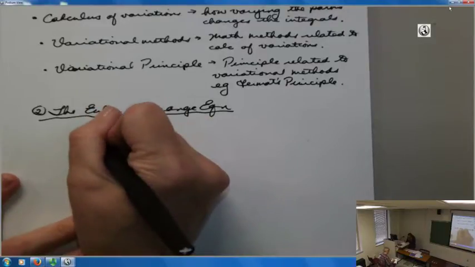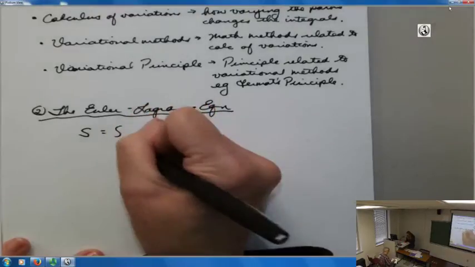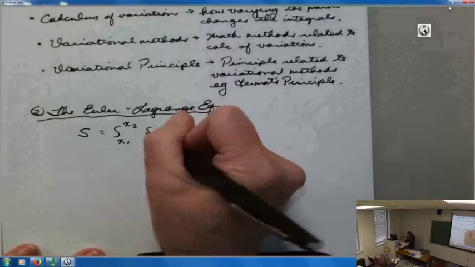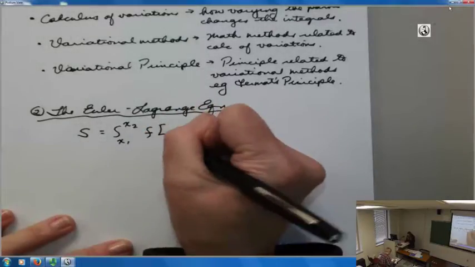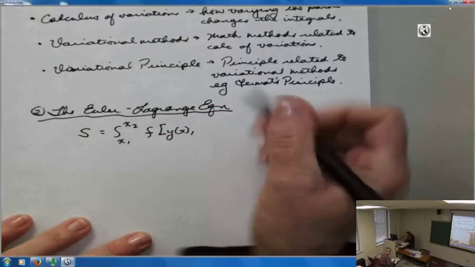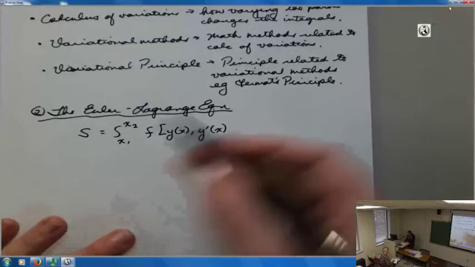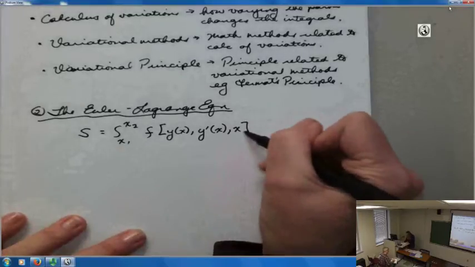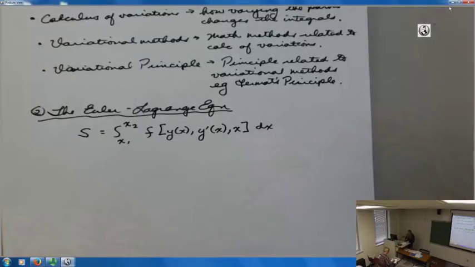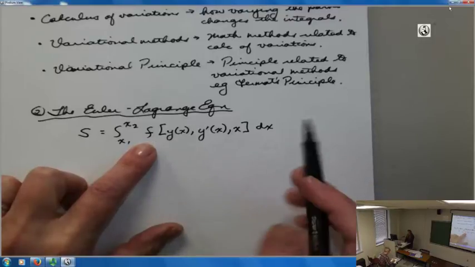What we have is an integral from x1 to x2 of something that is a function of the path, which is y of x, of the path's derivative, which is y prime of x, and also can be a function of x. That thing is integrated over dx. The f dx is basically just ds.